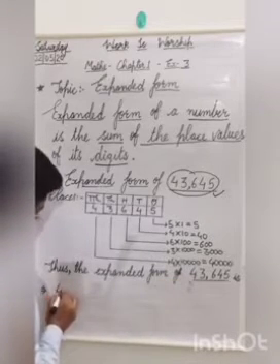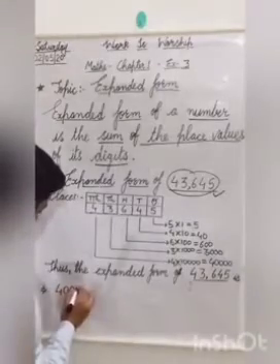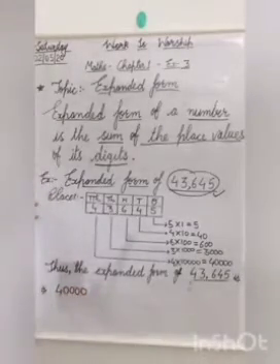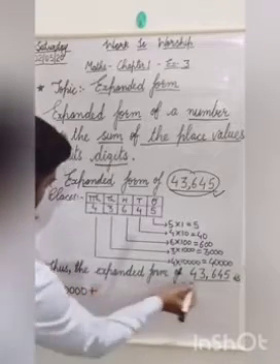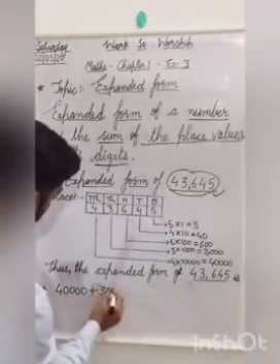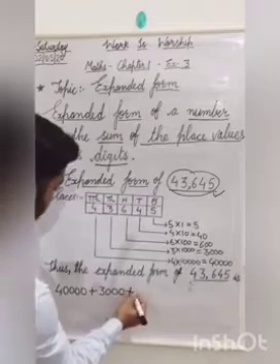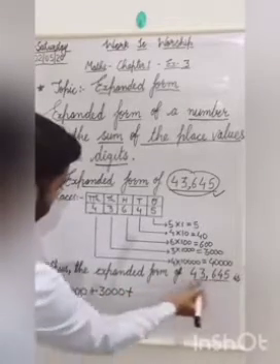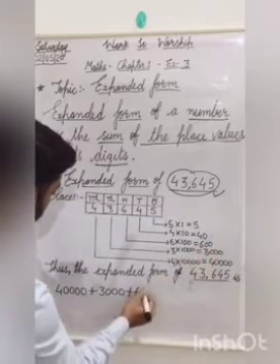First one is 4. The place value of 4 in the place value chart is 40,000. Our second digit is 3 and the place value of 3 is 3,000. Now our third digit is 6 and the place value of 6 is 600.